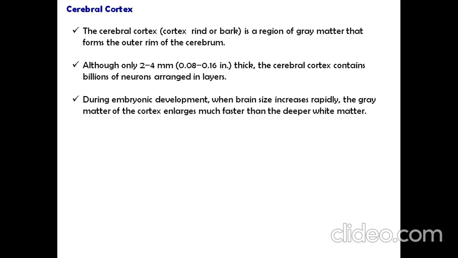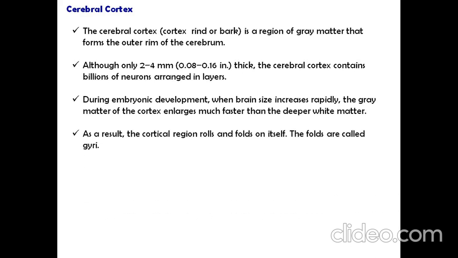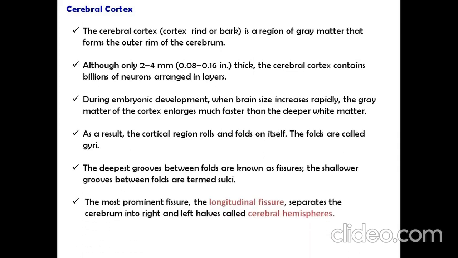During embryonic development, when brain size increases rapidly, the grey matter of the cortex enlarges much faster than the deeper white matter. As a result, the cortical region rolls and folds on itself. These folds are called the gyri. The deepest grooves between the folds are known as fissures. The shallower grooves between folds are termed the sulci.